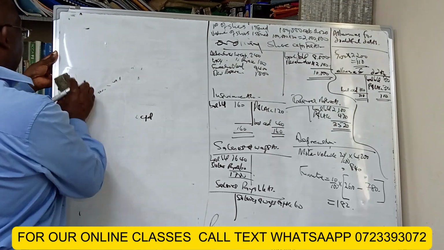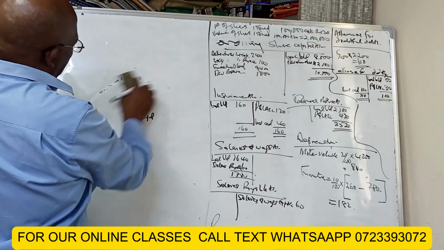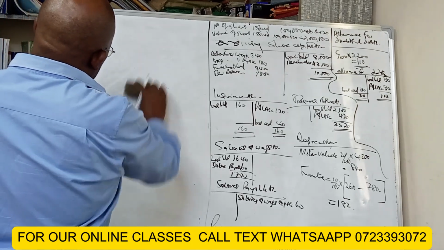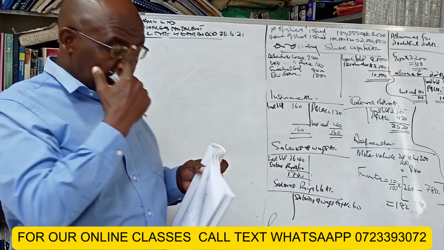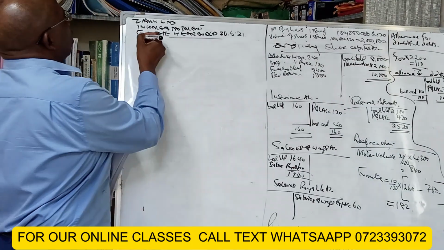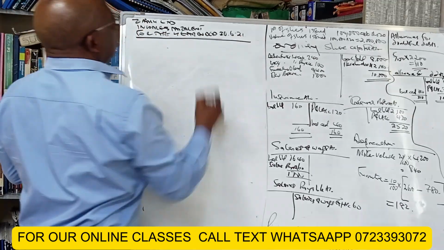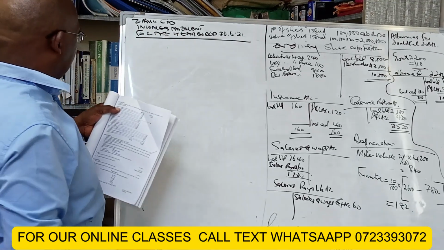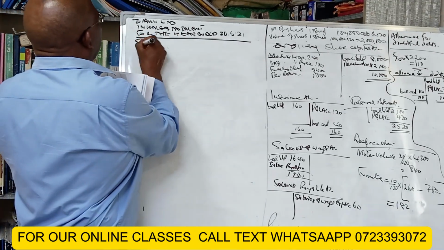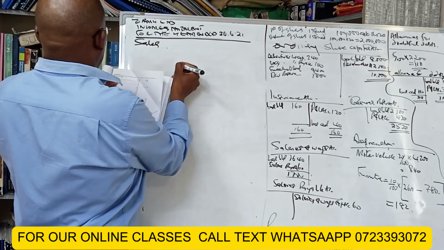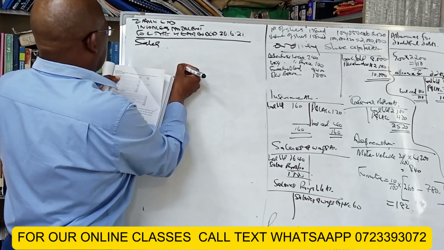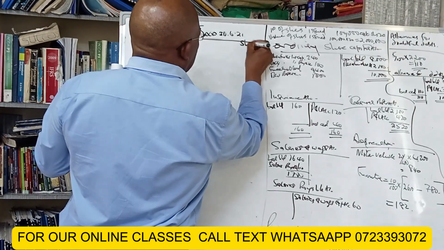So we want to prepare our income statement. We come here and say ZAM Limited income statement. We know how to prepare the income statement. We start with sales, and our sales from the trial balance is 10,936 shillings in thousands.